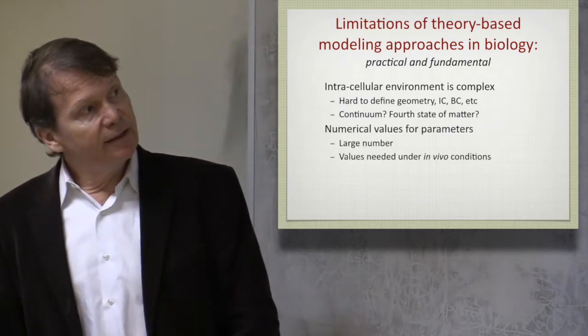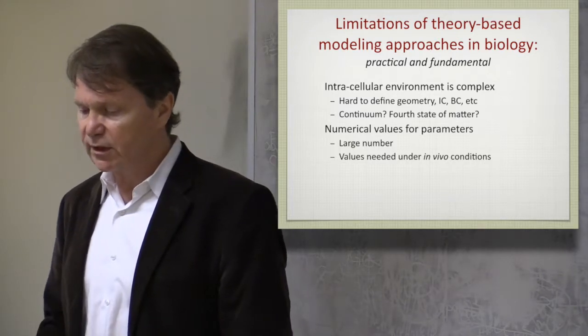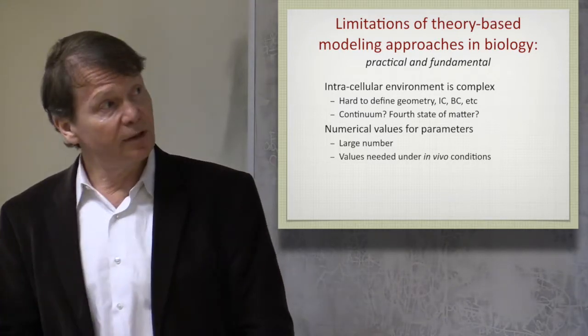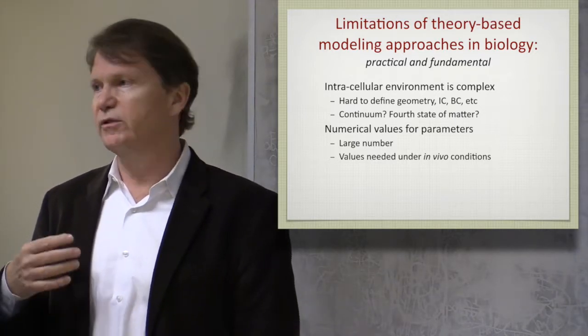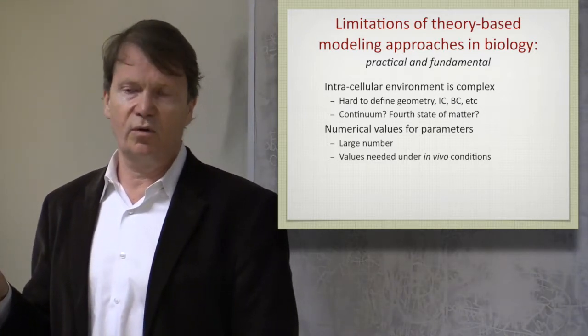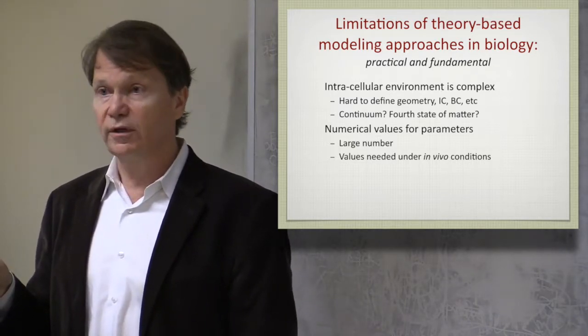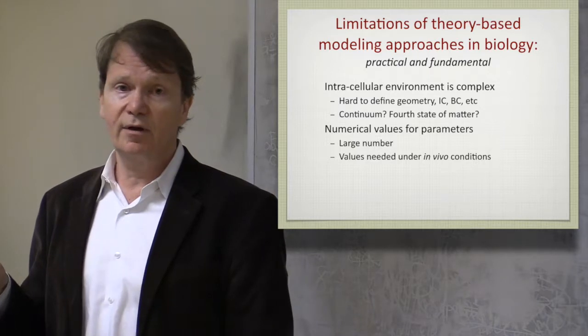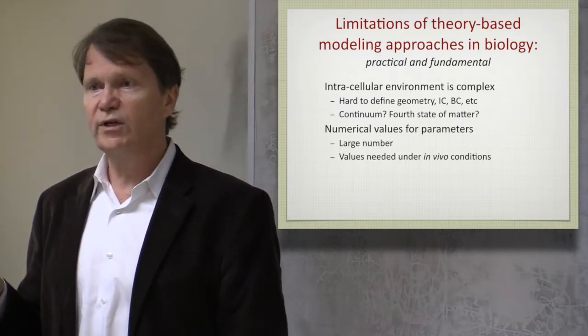So the second issue here is a practical one. First one is, I guess, fundamental. The second one is a practical one. Let's suppose you could write out all these equations, and you ended up with, say, 100,000 equations to describe an E. coli cell. Equations like that can be solved, actually, when you design a new chemical plant, you know, by the coast of the Gulf of Mexico. That's what chemical engineers do.